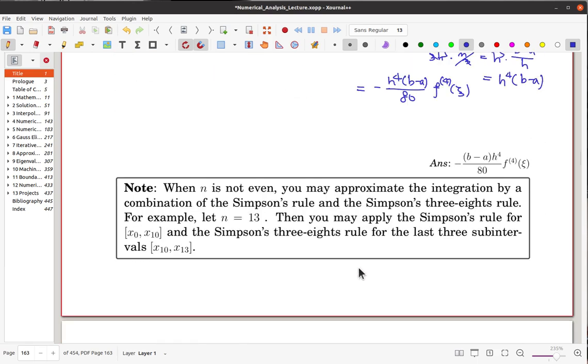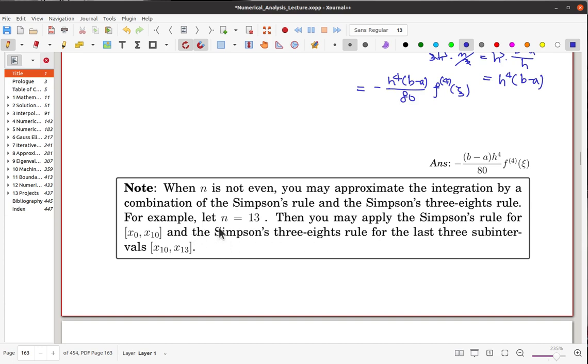Now, when n is not even. If n is even, then you may apply Simpson's rule for each two subintervals, so that you can formulate the composite Simpson's rule. But if n is not even, then you may approximate the integral by combining Simpson's rule and Simpson's 3/8 rule.